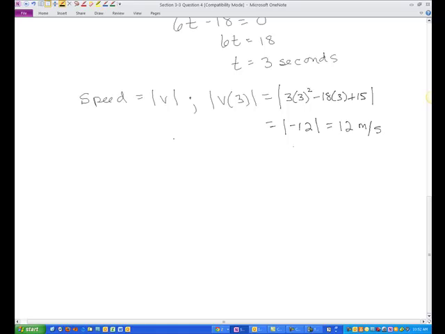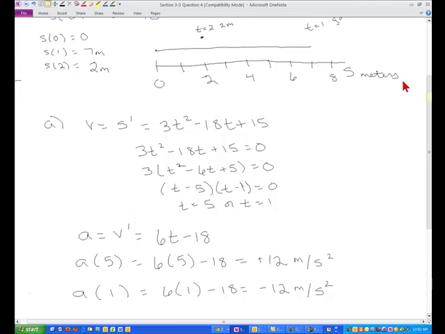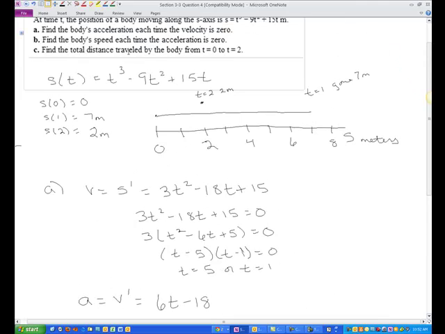So the answer is 12 or negative 12 for all three parts, which is really weird, but okay. And then finally on part C, it says find the total distance traveled by the body from t equals 0 to t equals 2.